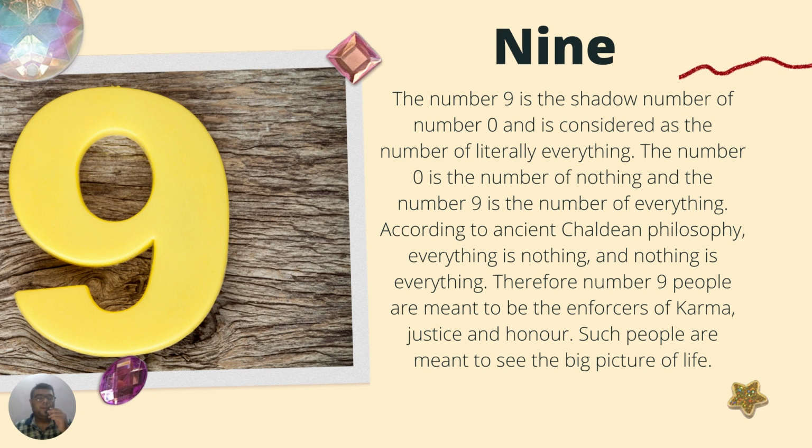Now we move on to our next number. It is number 9. See, in Chaldean numerology, number 9 is considered as the shadow of 0. So, 0 and 9 are considered as sacred in Chaldean numerology. The number 9 is connected with planet Mars.